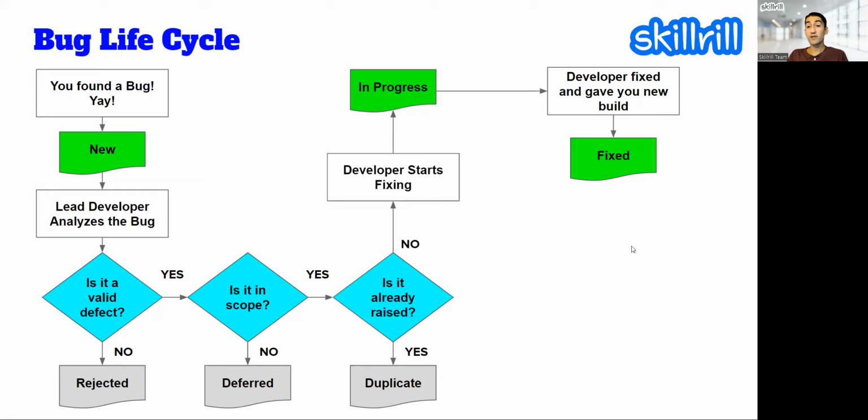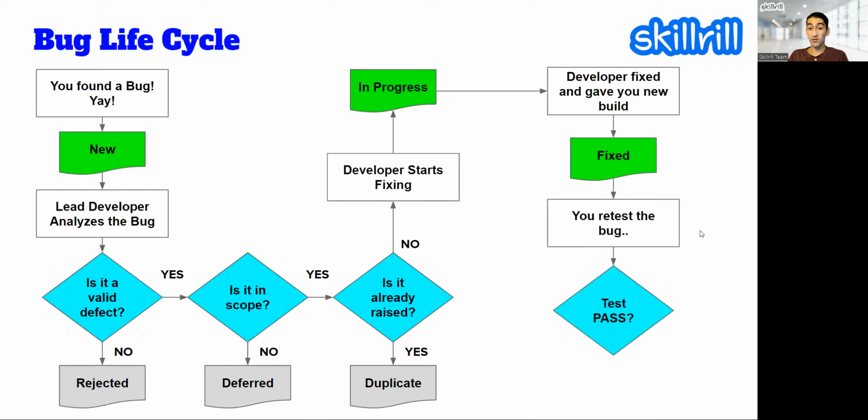At that moment, the status of the defect is fixed. Now you come into the picture, right? So you retest the bug. You basically rerun your test case. Whatever test case that you were running that failed, you just rerun it. You just go through the same steps, making sure that the defect is gone, it's fixed.